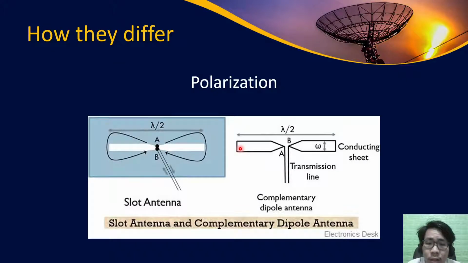So the charges inside the conductor, here in conductor A and B, are fluctuating, resulting in an electric field or electromagnetic propagation which is vertical in orientation. So they only differ in polarization, but they almost have the same properties.